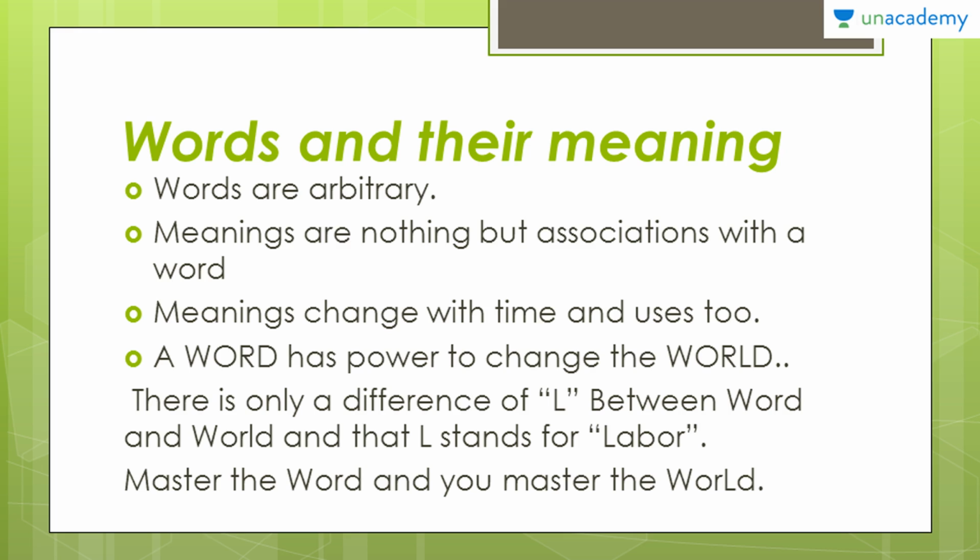That's it. You don't have any logic or reasoning behind it. That is what arbitrary means. I mean, something is something because there's no reason. That is something, and that's it. You cannot reason it out. So that is why language is arbitrary, or words are arbitrary.